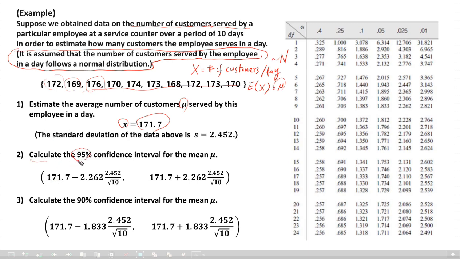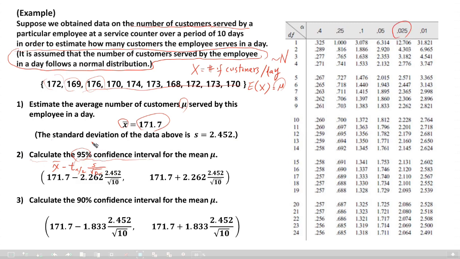At the 95% confidence level, find the confidence interval for mu. That is x bar minus t alpha over 2 times s divided by square root n. n is 10, s is 2.452, and the t value is from this table.